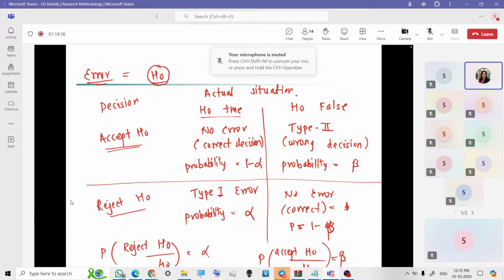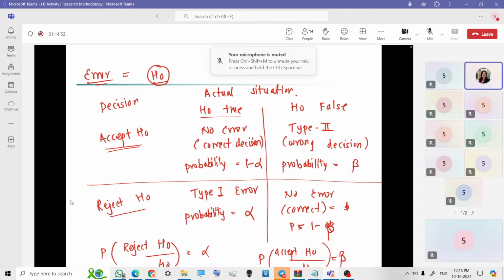So in that case, there are errors. Right? So this error is called as a type 1 error. So what is a type 1 error? Type 1 error is that I'm rejecting the hypothesis when it is actually true.